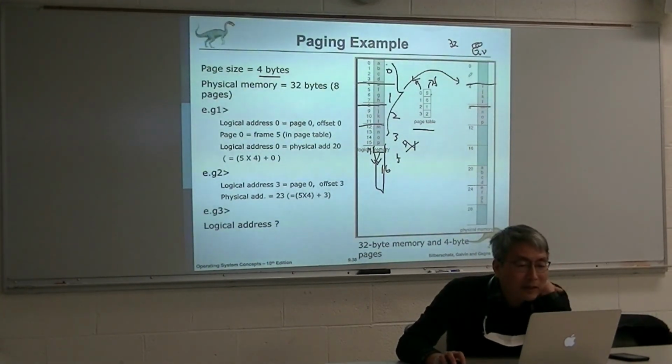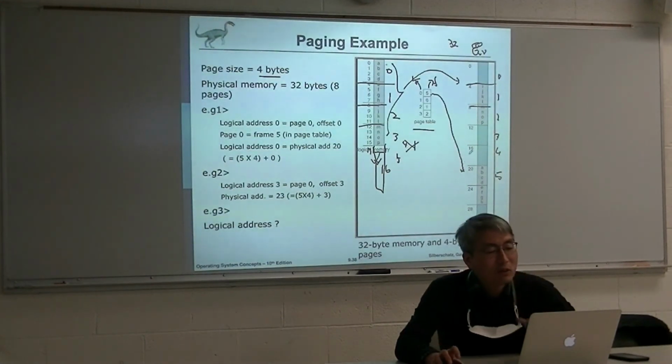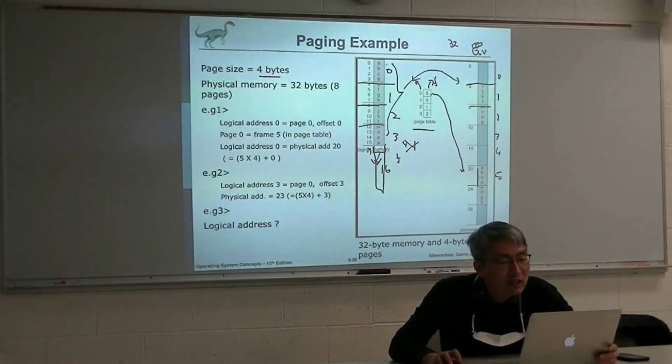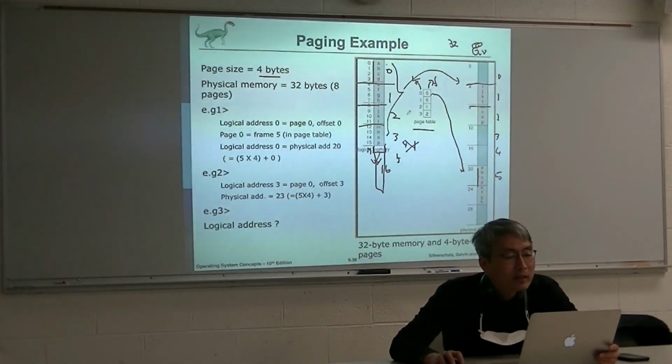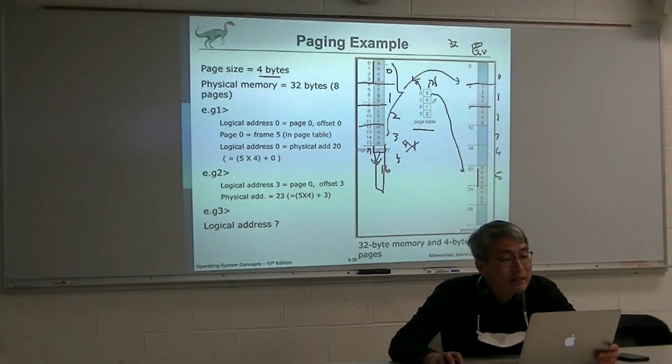Frame 5 is 0, 1, 2, 3, 4, 5. So 0 goes to here, right? You can see A, B, C, D is the same as A, B, C, D. One more: page number 1 of your program is mapped to 6. 6 is here. So E, F, G, H is loaded into here.